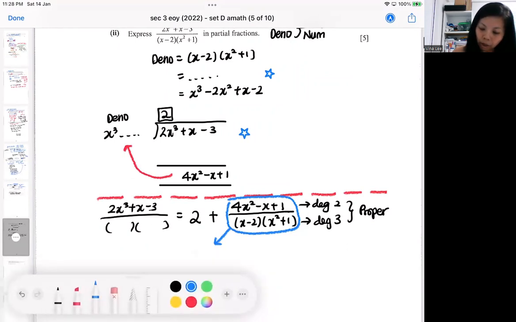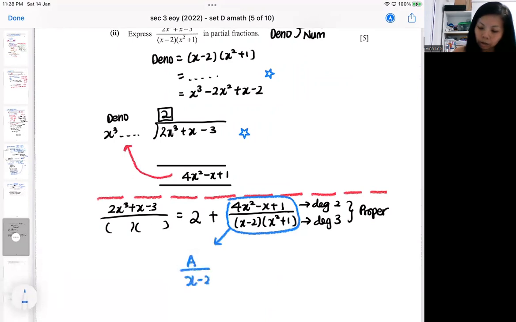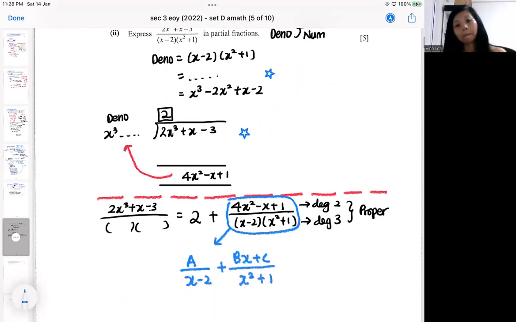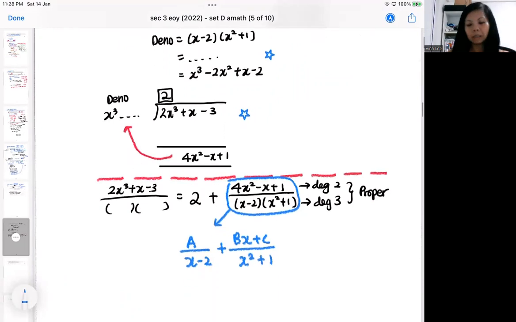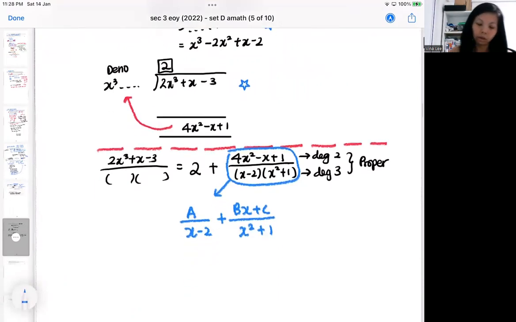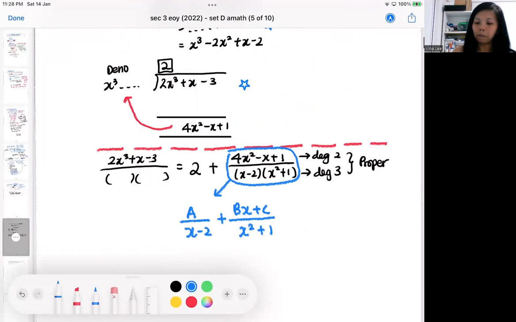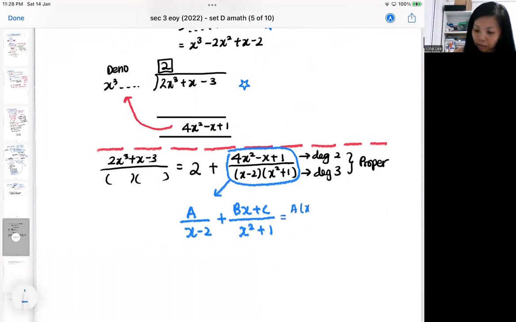So it should be A over this plus Bx plus C over x squared plus 1. If you've forgotten the step, what happens after this? Once you apply case 3, try to make the same denominator. Making the same denominator allows you to compare with the proper fraction.